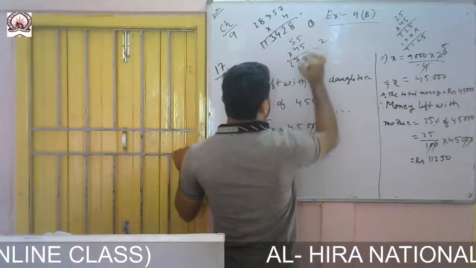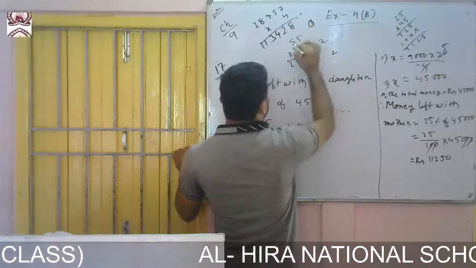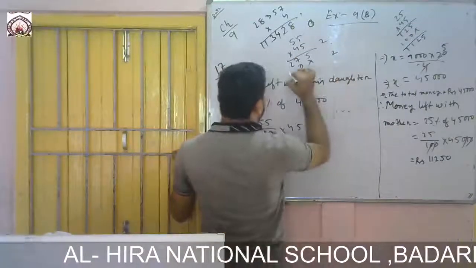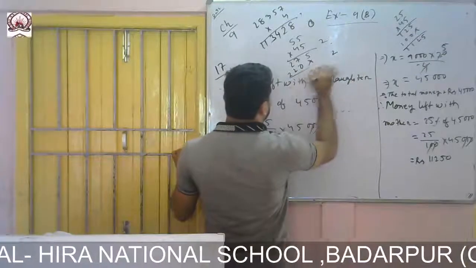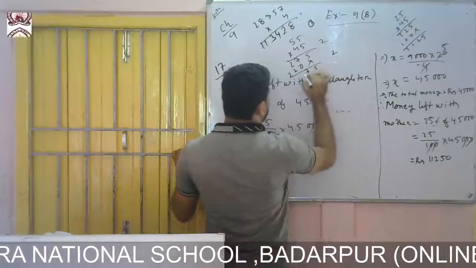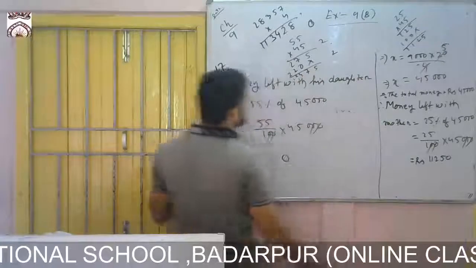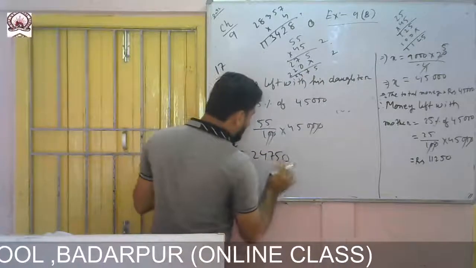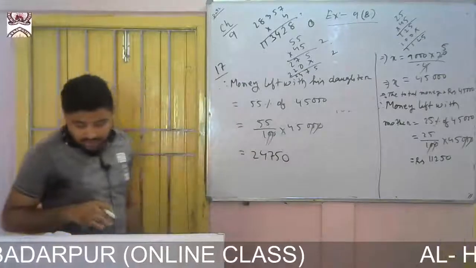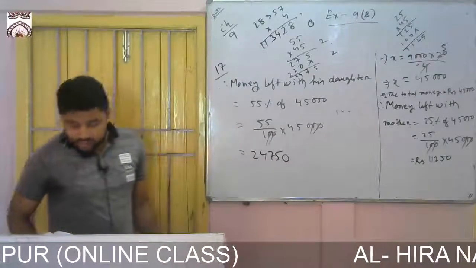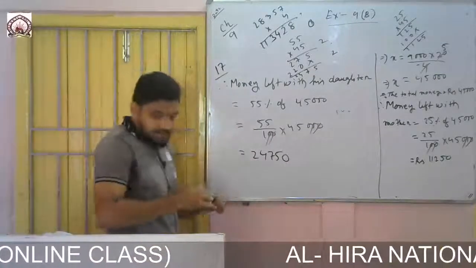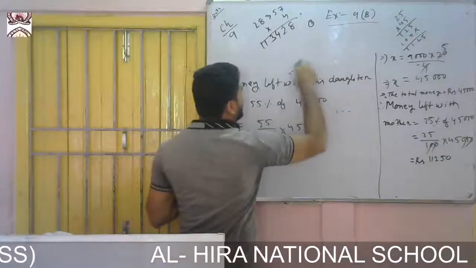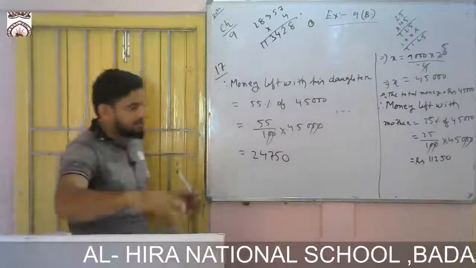Now 4 5s are 20, remain 2, 4 5s are 20, then 22. So 2 4 7 5 0. That is the money left with his daughter. Now if you add all these things, you get the same answer.